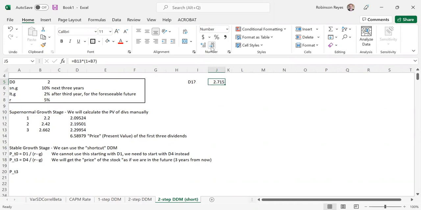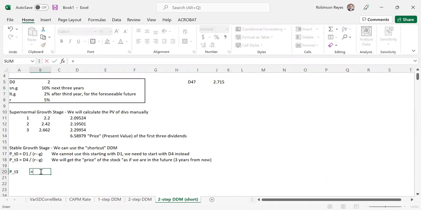Let's remove a couple of decimals. Okay, perfect. And now let's correct this to D4. So P, the price at time 3, will be equal to this dividend 4 divided by R minus G, long-term now. Okay, so we get that price.